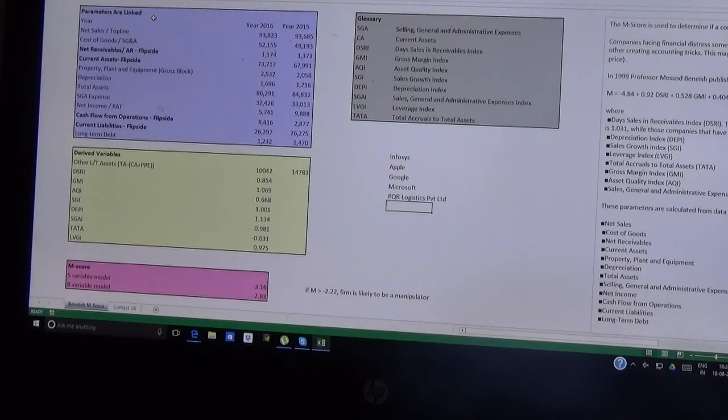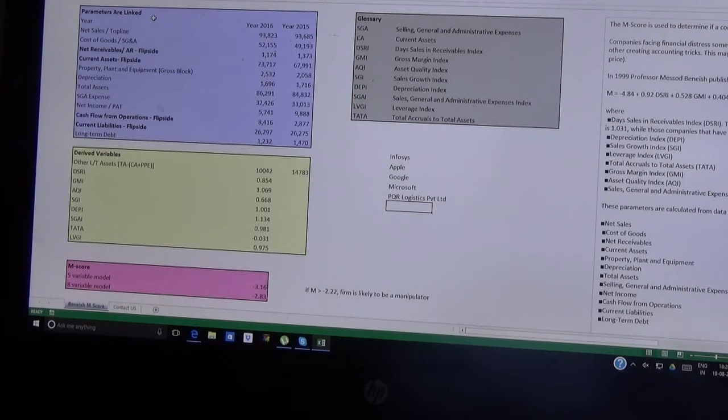Not a single country they left where they are not doing business, except a few countries where there is some issue in doing business. If you look at the 5th company, PQR Logistics Private Limited, it is doing business only in India, because it's an Indian based company. This company is providing transportation services.